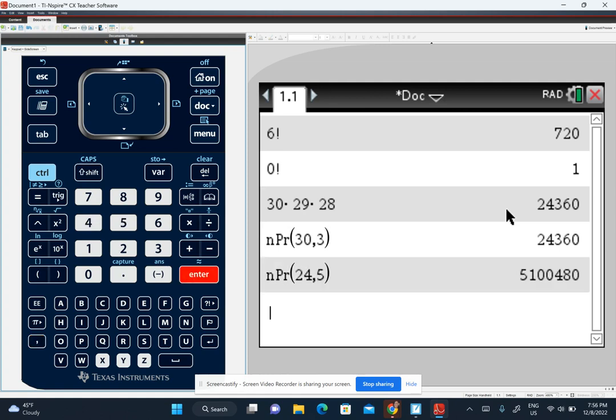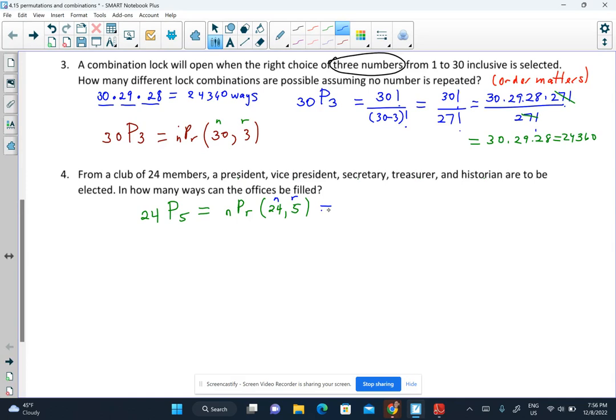Oh my gosh, that's a huge number, right? So we have, let's write this down, 5,100,480 ways. Thankfully, I did not have to list all of them out.